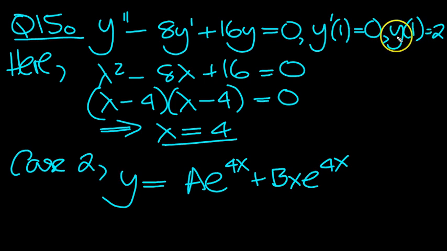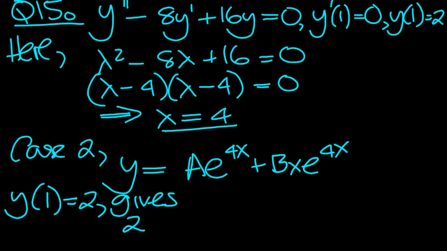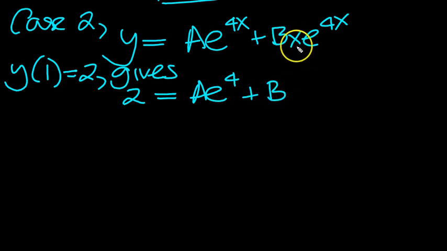So the initial conditions then, we've got y dashed 1 equals 0 and y1 equals 2. So y1 equals 2 first. That gives y equals 2 when x equals 1. So put the value 2 in here. 2 is equal to a e to the, x is 1, so that'll be e to the 4, plus b, x is 1, so that's just b times 1.